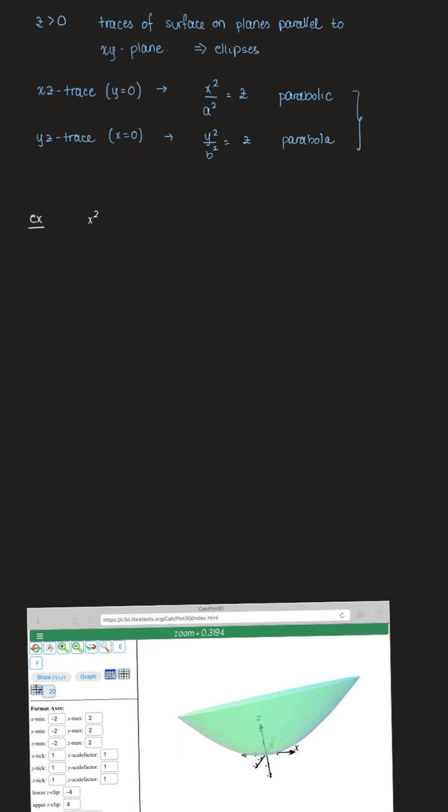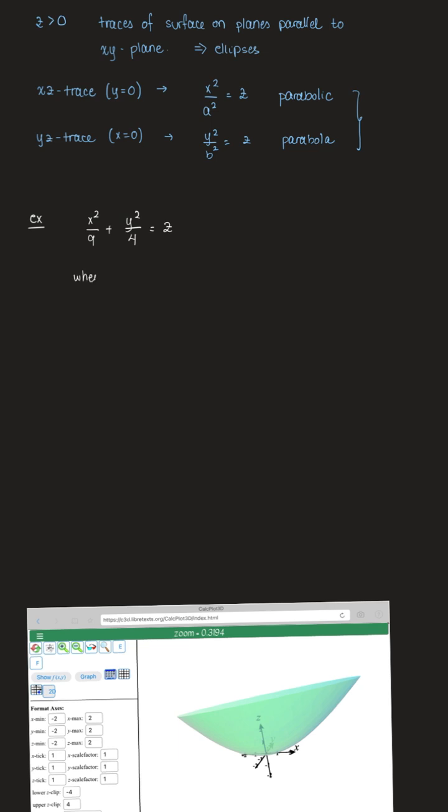We'll look at x squared over 9 plus y squared over 4 equals z. So here again, this is another example where the linear term is z, which means that this paraboloid will run along the z-axis. It will be symmetrical along the z-axis.